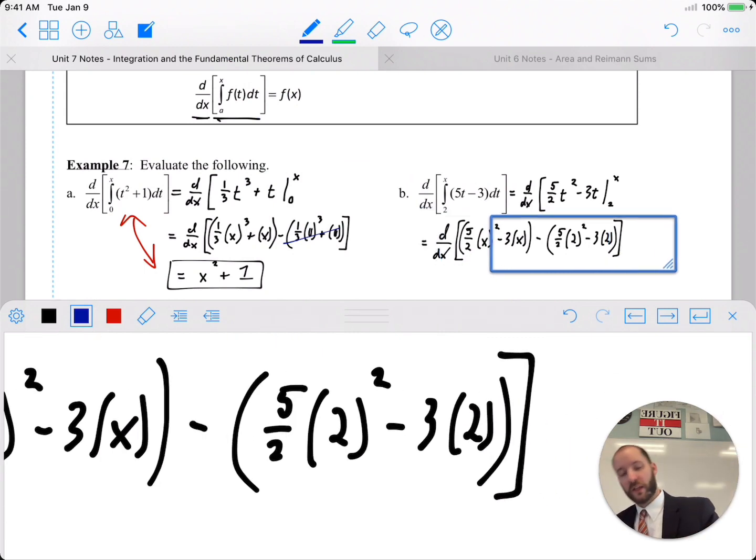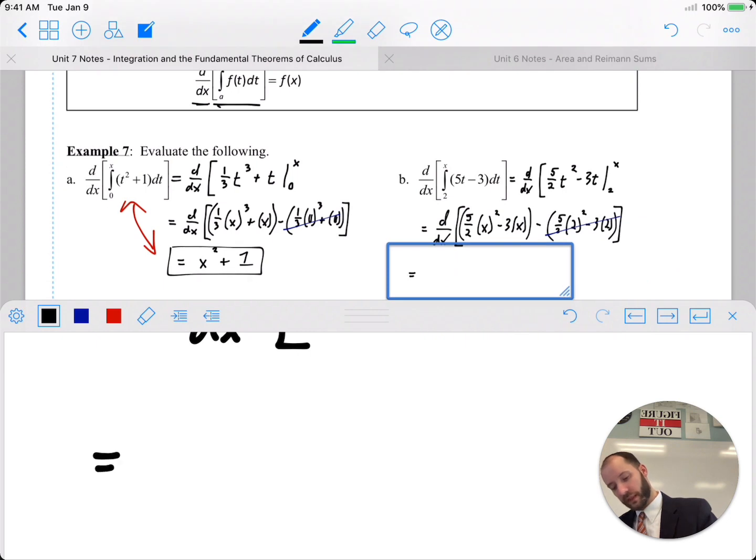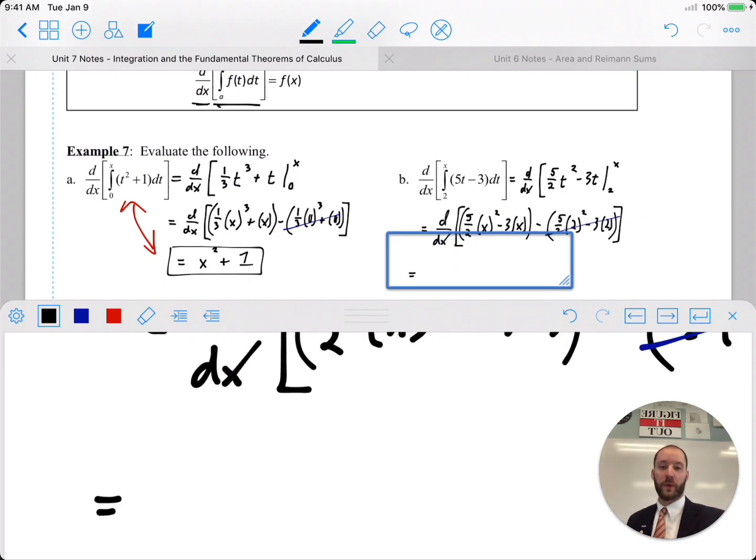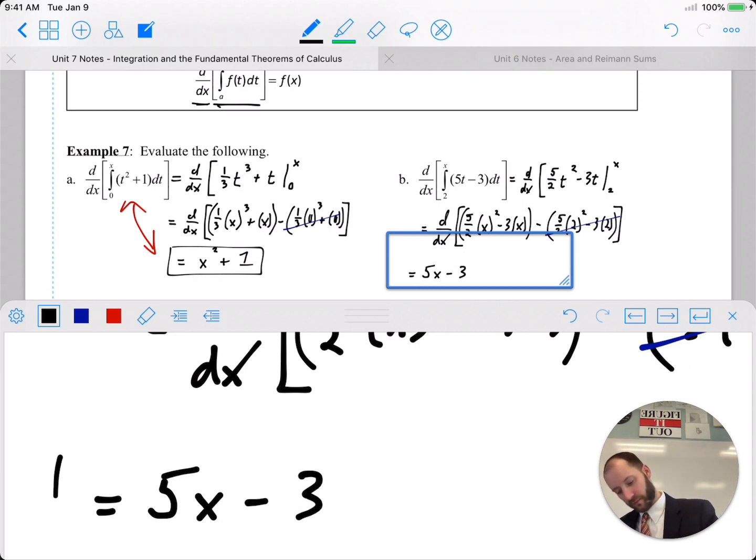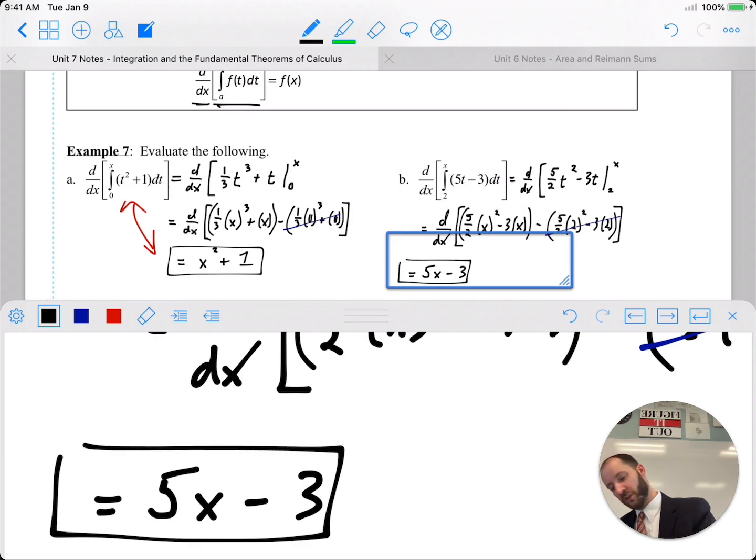So your lower bound, when you plug in 2, those all cancel. Derivative of what I have left over, so 5 halves x squared, it's just 5x. Derivative of minus 3x is just minus 3.